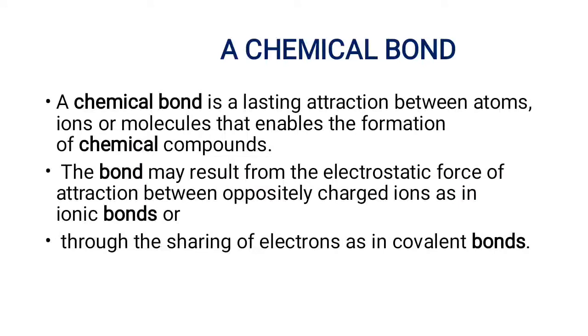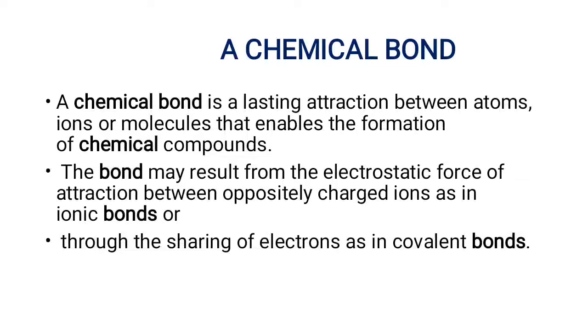So a chemical bond is defined as the lasting attraction between atoms, ions or molecules that enables the formation of chemical compounds. So this is the relationship of atoms making compounds.